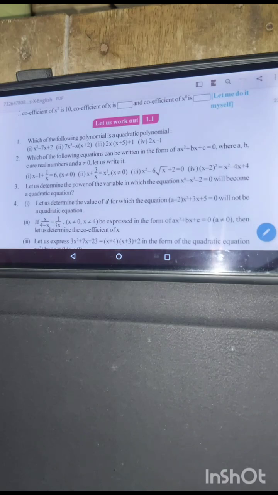If we open this bracket, it will give us 2x square plus 10x plus 1. So this is also a quadratic polynomial. Roman 4, it is 2x minus 1. Here the highest power of x is 1, so this is not a quadratic polynomial. So option 1 and 3 is our answer.